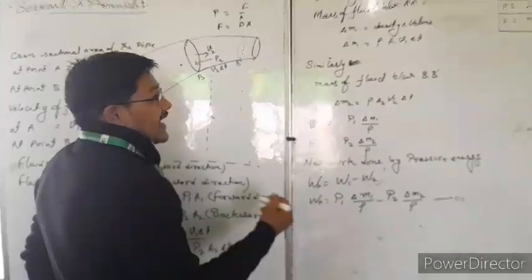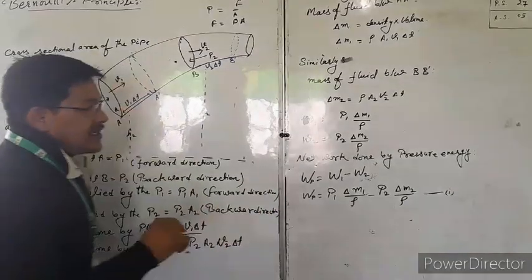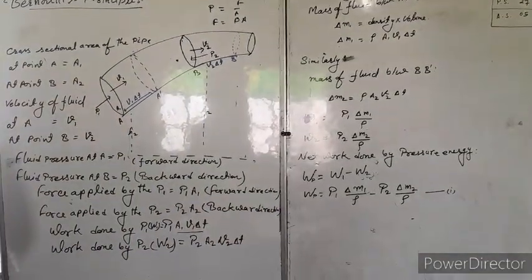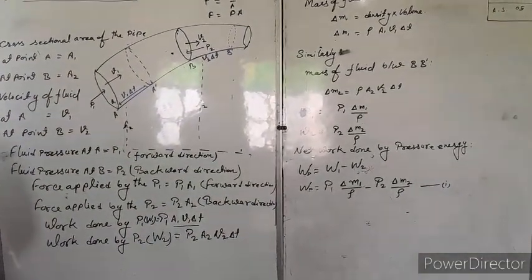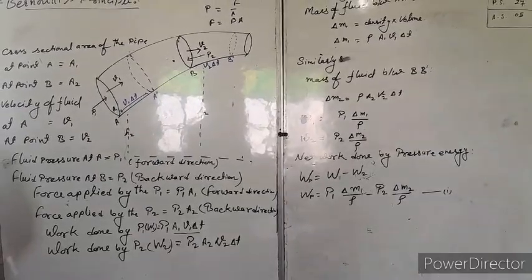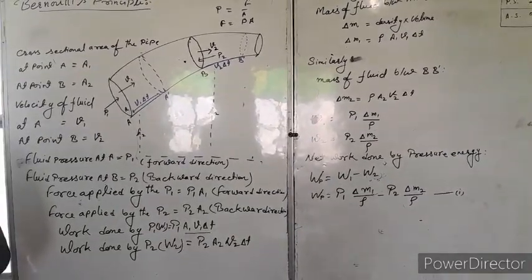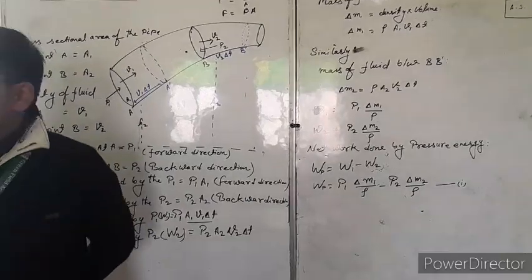Do you remember that during the work energy theorem we had discussed that work done by a conservative force is the negative change in potential energy, the negative gradient of potential energy?